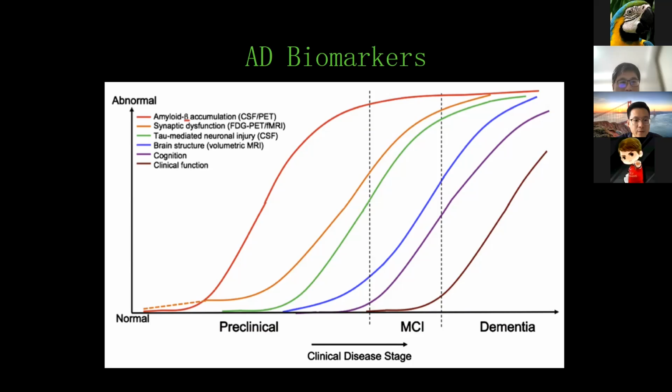The white label is the ability to detect AD. We can see some imaging-based biomarkers have very high capability to detect AD, especially in the early stage. So this is the motivation: why we should use imaging-based biomarkers for AD diagnosis.